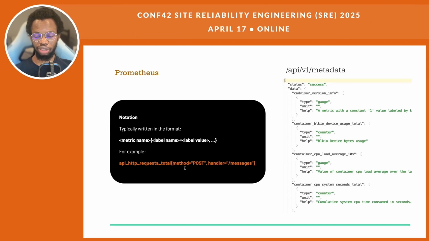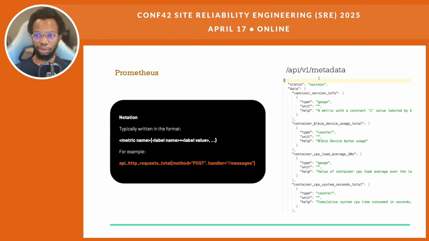This metric is then scraped by Prometheus quite often, based on whatever scraping interval you have. The time series data is going to record the time that it was scraped and then the value at that point in time. And that's how the Prometheus pipeline works. Part of the things that make this architecture work is that Prometheus has this metadata API that allows you to get, as I described earlier, a schema of your data in the Prometheus instance.